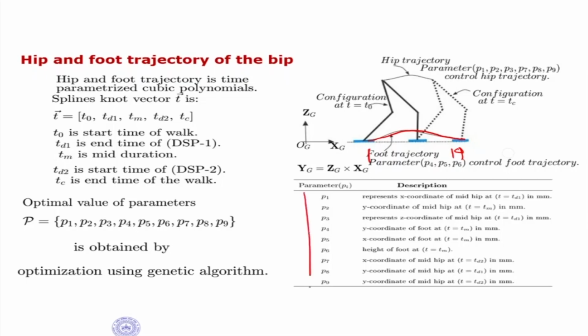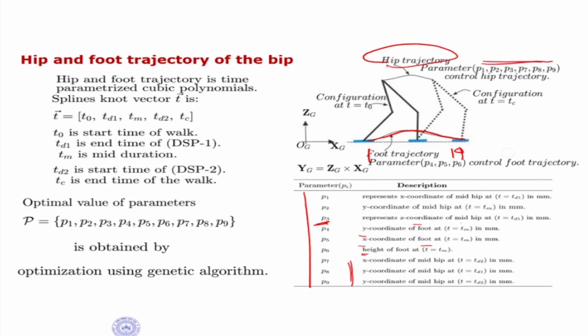So we have this many variables. P1 represents the x coordinate of mid hip, P2 is the y coordinate of hip, and P3 represents the z coordinate of hip. The x, y, z coordinates of the foot are here, the height of the foot is given here, and the x coordinate of mid hip is given here. So we are trying to control the hip trajectory using these parameters.